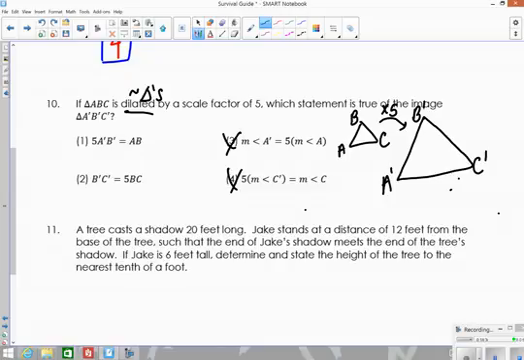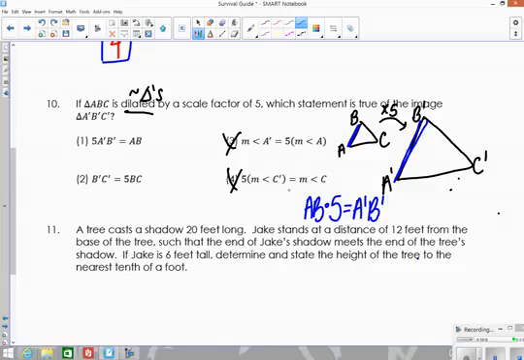Let's think of one side at a time. If we focus on AB to A prime B prime, you just have to ask yourself, what's the equation between them? They took side AB, you multiply that length by 5, and that's going to equal A prime B prime. The length of this times 5 equals the longer length. That is not what number 1 is saying; number 1 is saying the opposite.